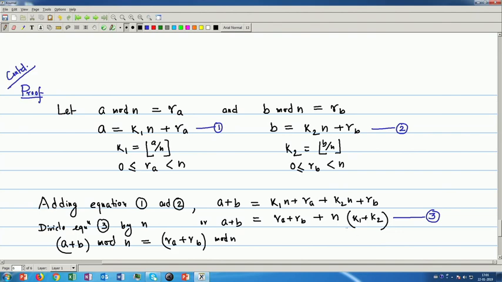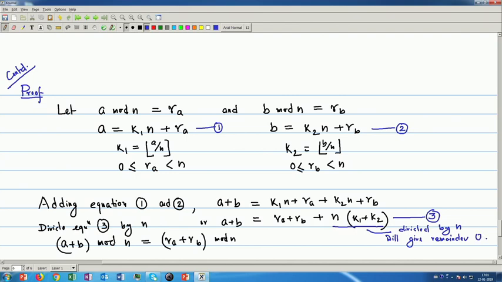Since n into that, divided by n, will give remainder 0.